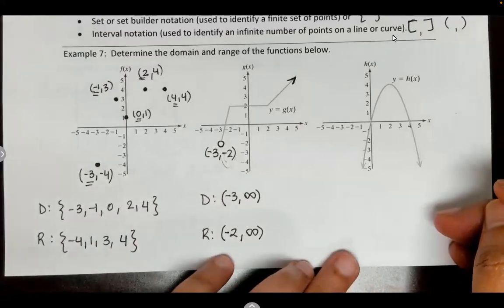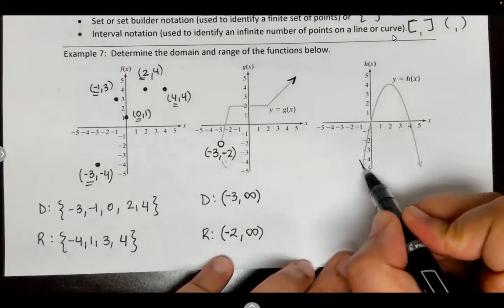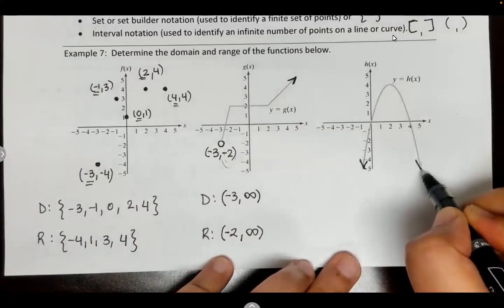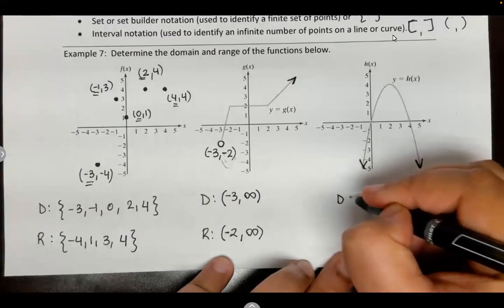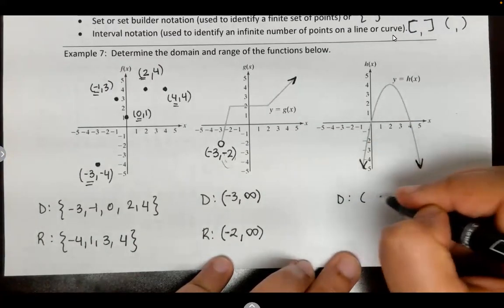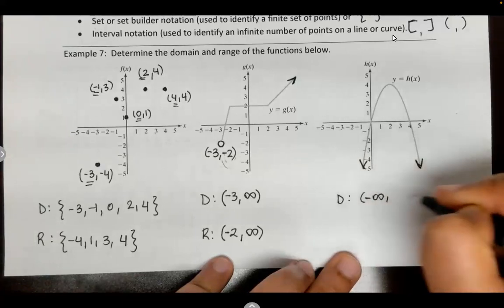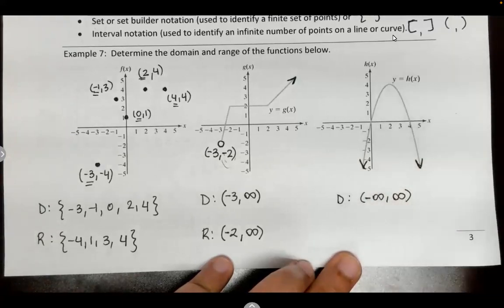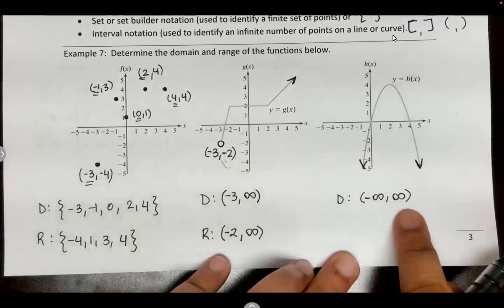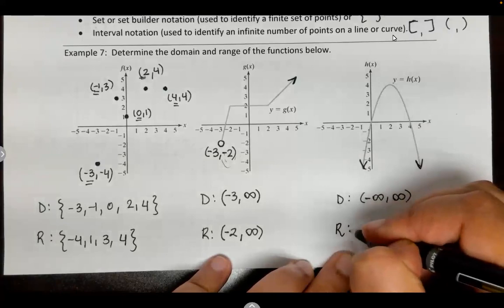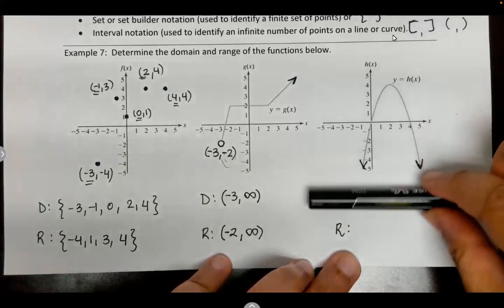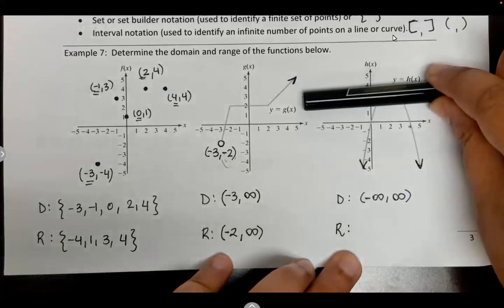And then the last graph, you have the arrows on both sides, and it's a continuous graph. This represents that the domain is all real numbers, represented in interval notation as -infinity to +infinity. And for the range of this graph, you can start rolling your pencil from down to up.